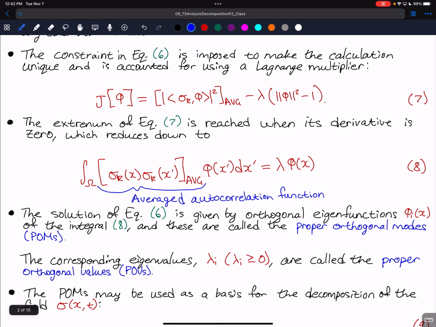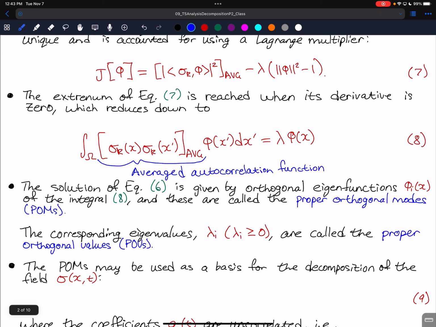And we'll see some numerical examples where we can show that these basis functions, actually, let me come back to that point in a moment, because we're about to introduce terminology that's relevant here. Okay, so the solution to equation 6 is given by a set of orthogonal eigenfunctions, which we'll call phi sub i of x, which also satisfy this integral 8.